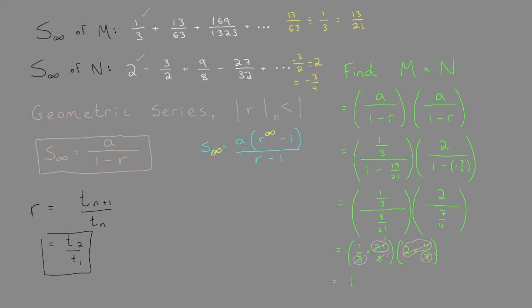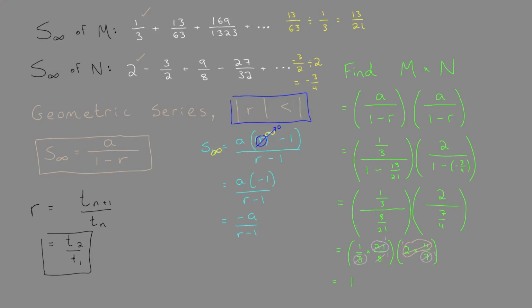Just picture that. This r will be a fraction. r is less than 1, so think of a fraction less than 1. What would happen with that to the power of infinity? Try some fraction on your calculator, like 1 over 10 to the power of a million, and you'll see that will approach 0. So if you understand that will approach 0, then we can write this as a times negative 1 over r minus 1, and this will equal negative a over r minus 1.